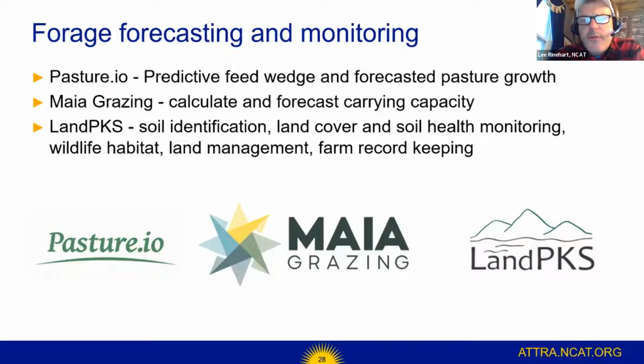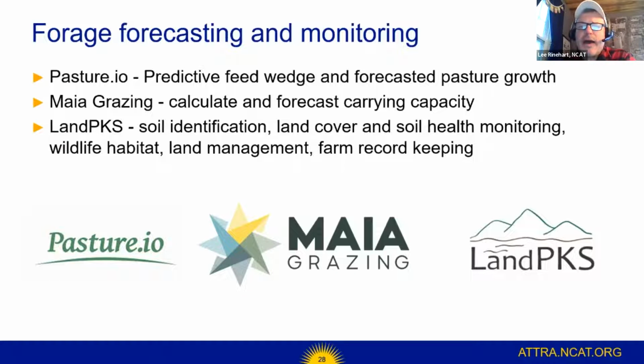But one that we're working with on the Soil for Water project right now is LandPKS. And this one was done by ARS, I believe. And this one is great. It's free. And it's basically all done by satellite and such, and you enter information in the app based upon your soil type and this, and then it'll help you to monitor soil health, habitat, any land management, farm record keeping, and these types of things.